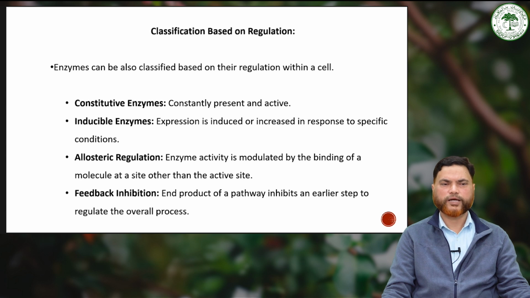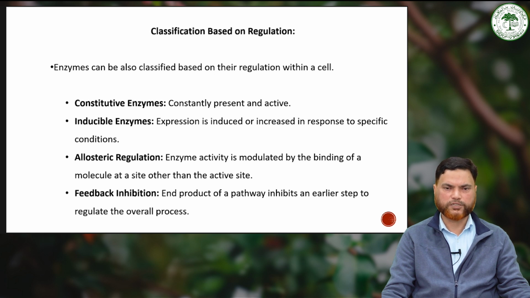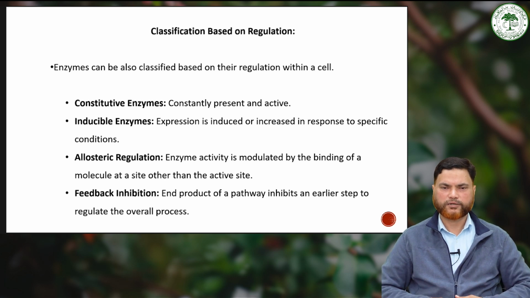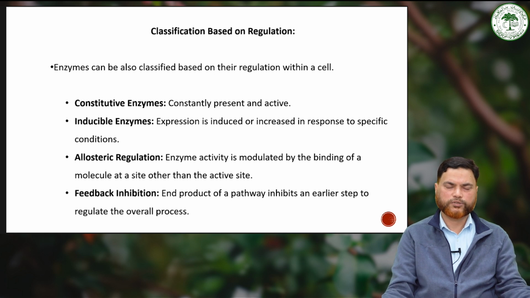Then feedback inhibition is a cellular control mechanism where an enzyme's activity is generally inhibited by the enzyme's end product, and this process ensures that the cell can regulate the production of specific enzymes and their corresponding end products based on the needs of the cell. By controlling the level of the end product, feedback inhibition helps prevent waste, maintain homeostasis, and protects against potential harm caused by excessive accumulation of substances within the cells.